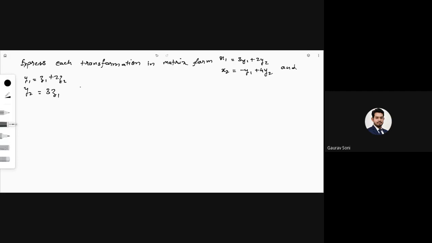And find the composite transformation which expresses x1, x2 in terms of z1, z2.